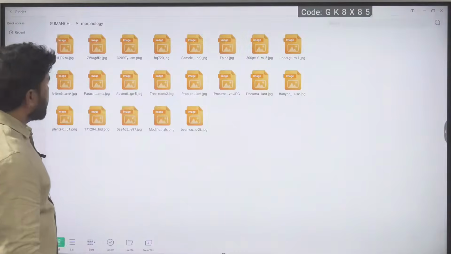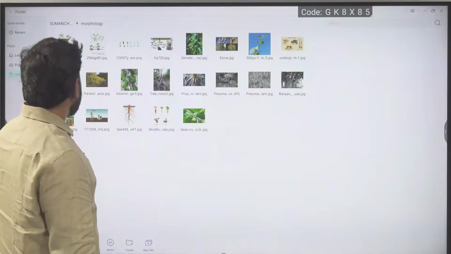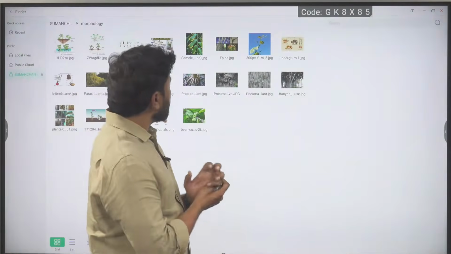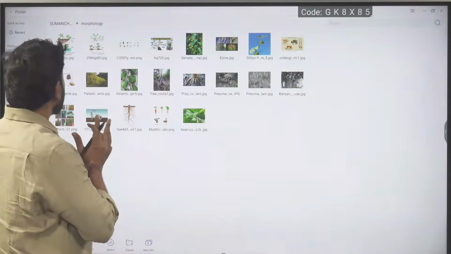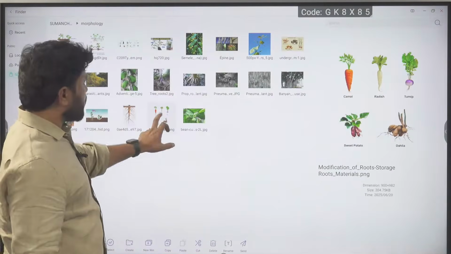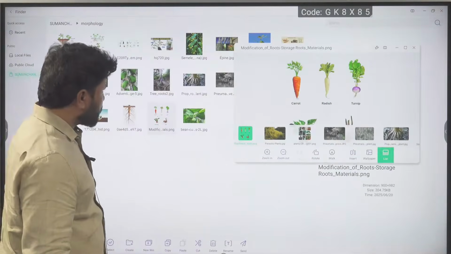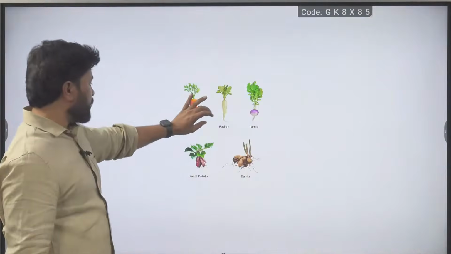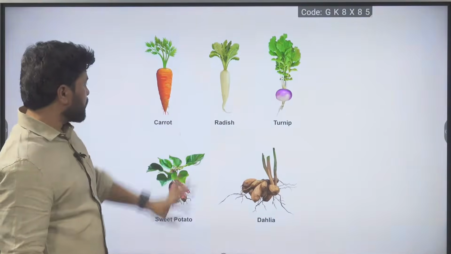See, there are some roots which are called storage form of roots. Over there we have a category. Look at this area. These roots, we are calling them storage form of roots.